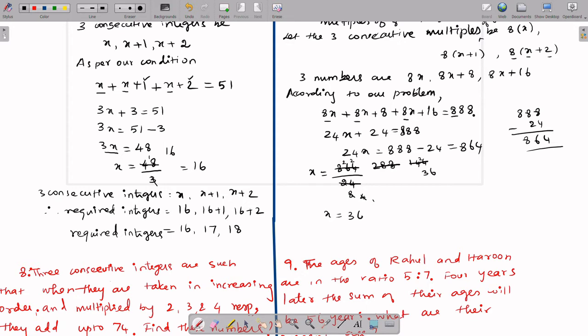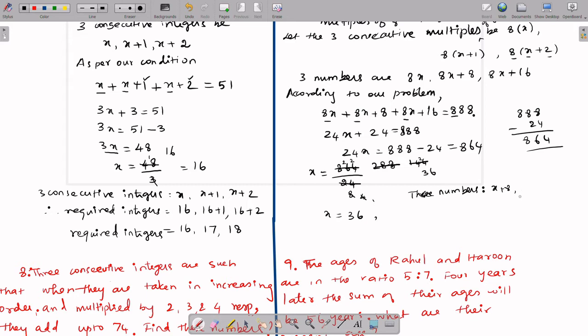The value of x is equal to 36, but we need the multiples of this one. So what are the three numbers? The three numbers are x, x plus 8.